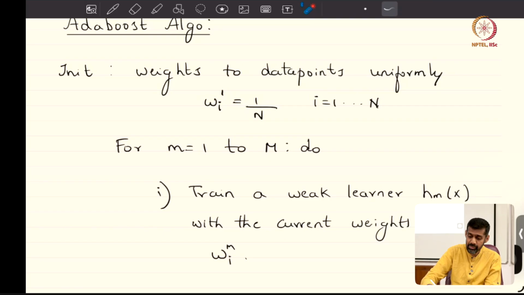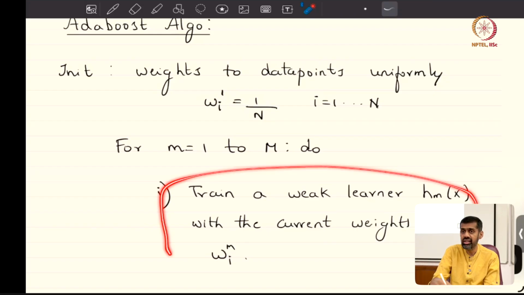Now estimate that pk based on the current weights that you are assigning on the data points. Does it make sense? So what was the estimate of pk that we were considering in the naive formulation? It was simply the ML estimate, where you just count the number of data points corresponding to that class and divide it by the total number of data points. But now you don't use the uniform distribution, but use these weights to estimate those pk's, and then define the Gini index or whatever metric you are using for splitting, and then build a tree.